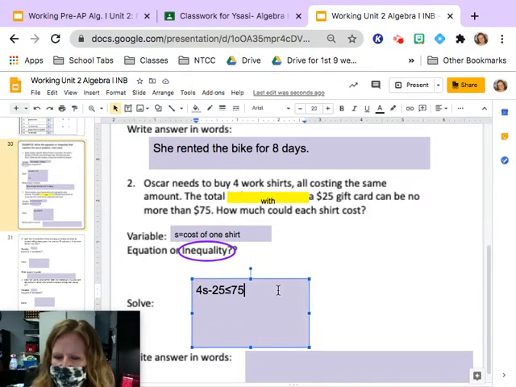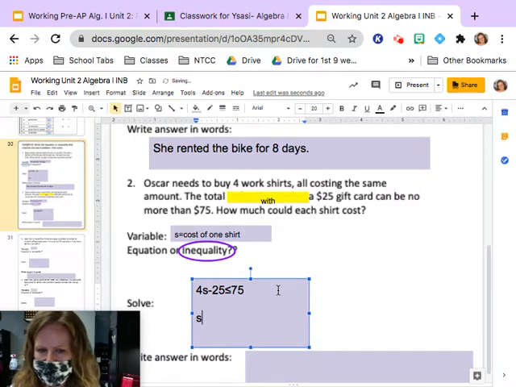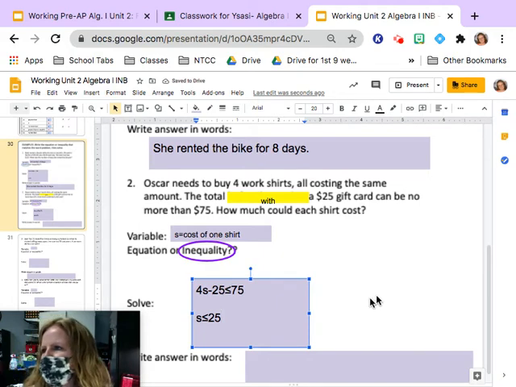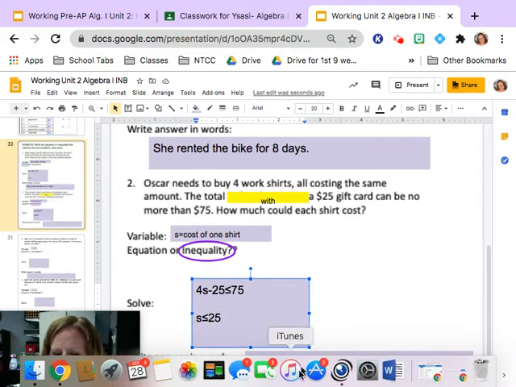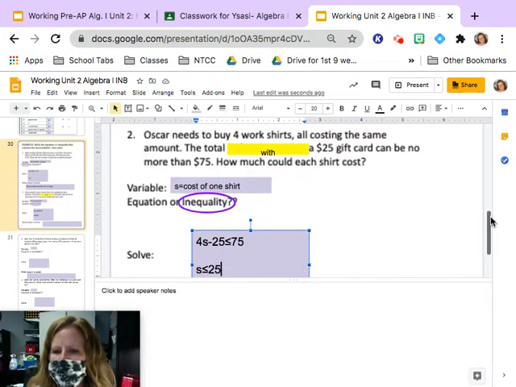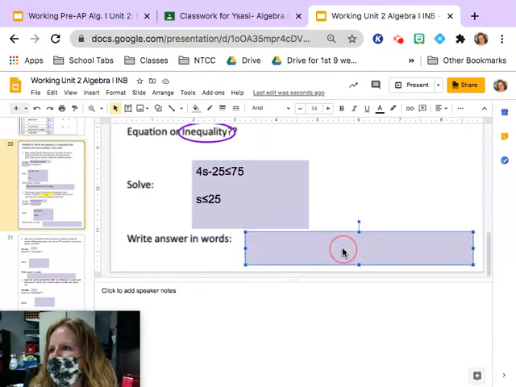So down here, we're going to put S. I need to insert that symbol or just copy and paste this. Control C, Control V. S is less than or equal to 25. Write in words.